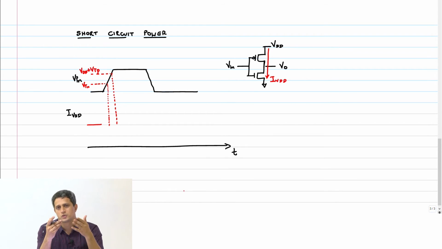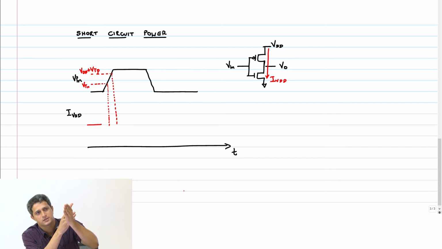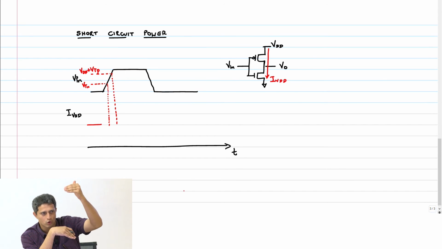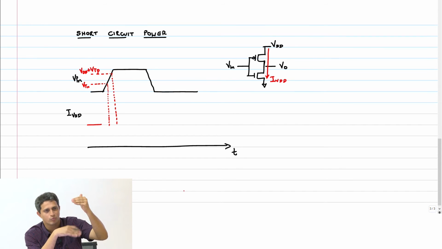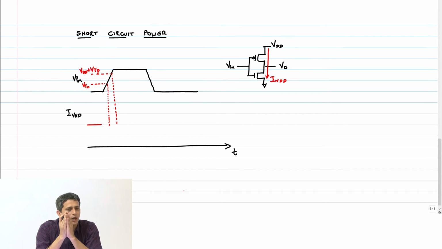Right? So now in between, your current is going to go up and then come down, right? As the input crosses VTN and starts turning on the NMOS transistor, NMOS starts in saturation, PMOS in linear. Slowly the PMOS will also come to saturation mode, at which point the current will be maximum. What is that point called? Trip point. Vm, Vin equal to Vout equal to Vm, right?